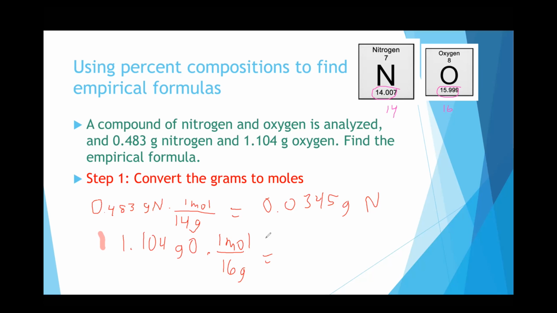And we get the value of 0.069 moles of oxygen. So that's how we do the first step. We convert all the grams into moles. So, yep, everyone who answered did a great job. So that's step 1 to finding the empirical formula.